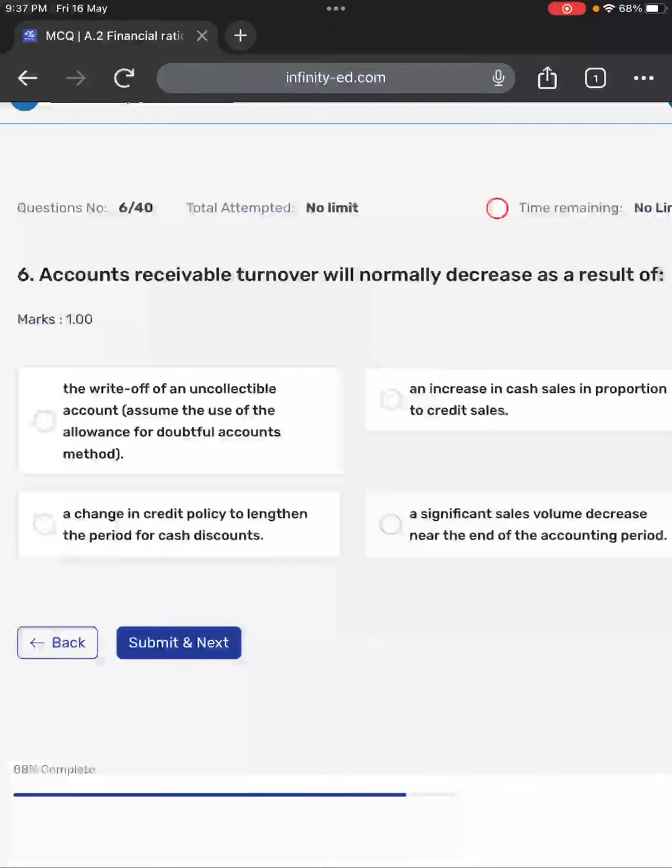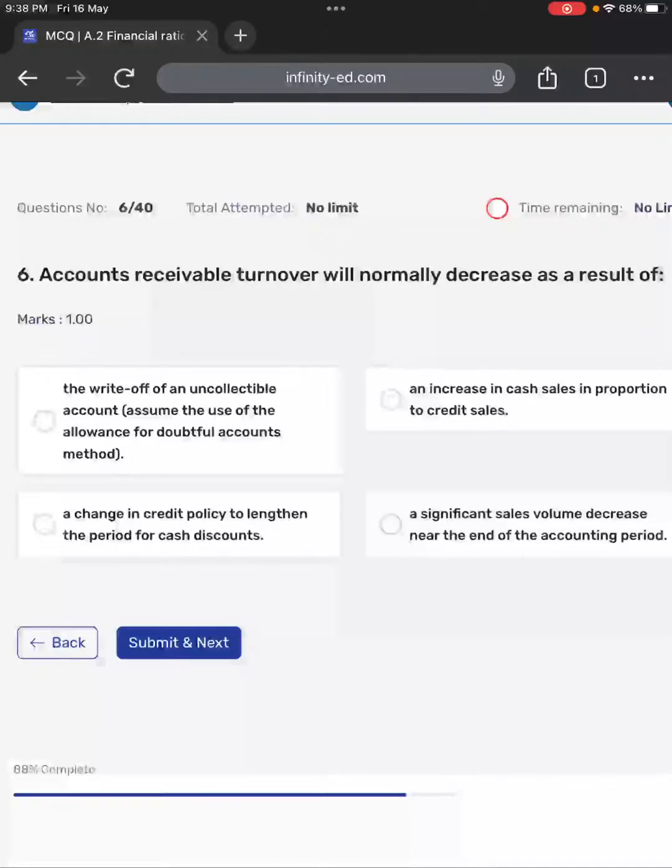Account receivable means those on which we made the credit sales, and the account receivable turnover formula is net credit sales divided by average account receivables. Average account receivable means the beginning of the year and the ending of the year, averaged.